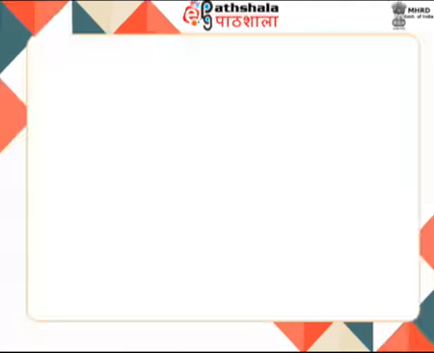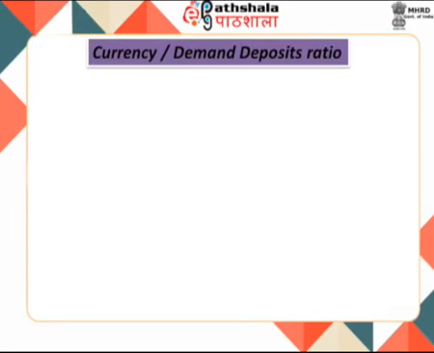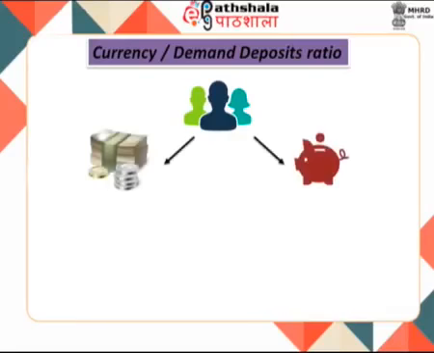high-powered money H. Of the three proximate determinants of the money multiplier, the ratio C/DD occupies a pivotal position. The C/DD ratio conveys the choice of the public between the two components of narrow money, which has important consequences for the money supply analysis.